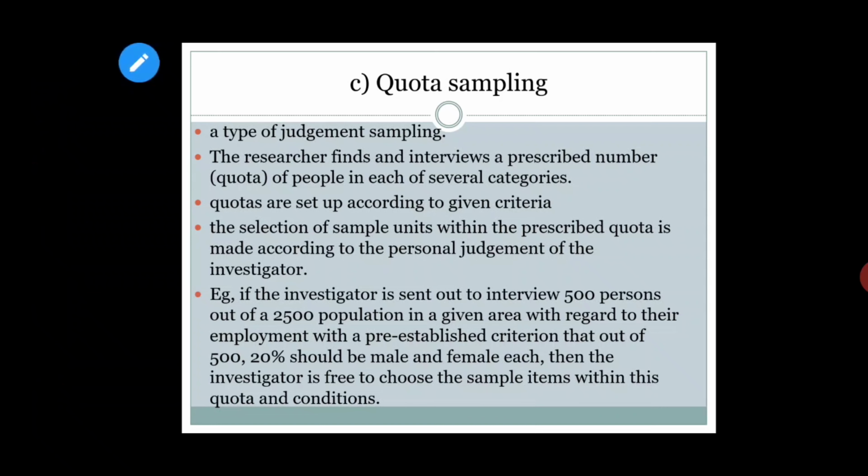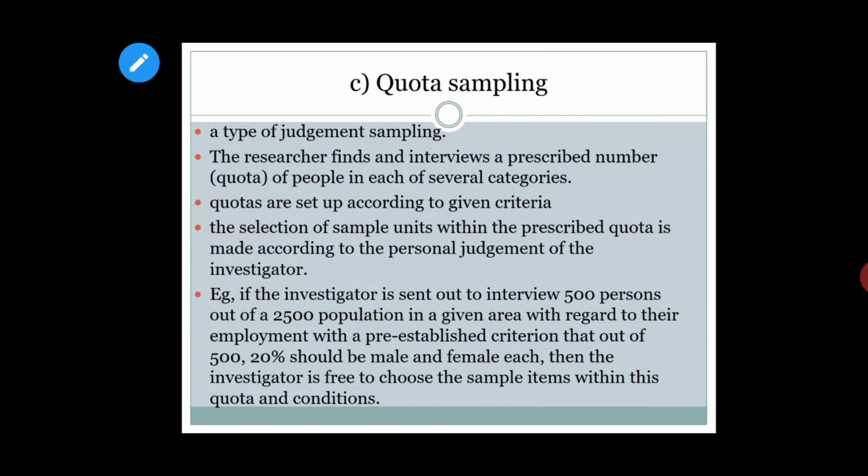Now we have quota sampling. This is the third type of non-random sampling. It is a type of judgment sampling. The researcher finds and interviews a prescribed number, which is the quota, a prescribed number of people in each of several categories. Okay, so that means a fixed number of units is already given and you have to go by that number.